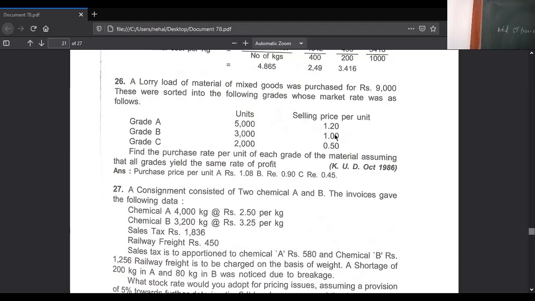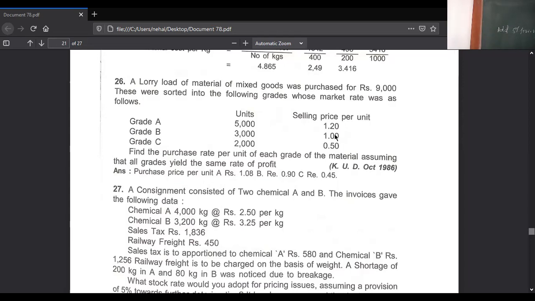1.2 is the selling price. I'm going to calculate 10%. 10% of that is 0.12. 0.12 is the profit in the first. Selling price is 1.2, profit is 0.12. So selling price minus profit is equal to cost. 1.2 minus 0.12.